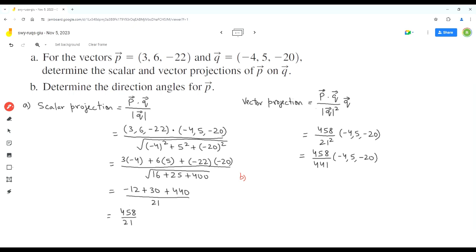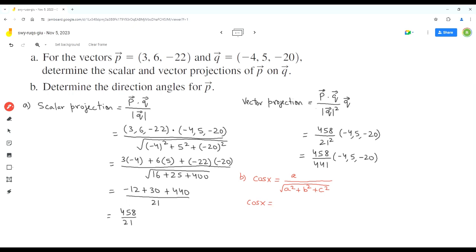So the formula for direction cosine for angle with x-axis is, so in this formula, A, B, and C are the components of vector P.